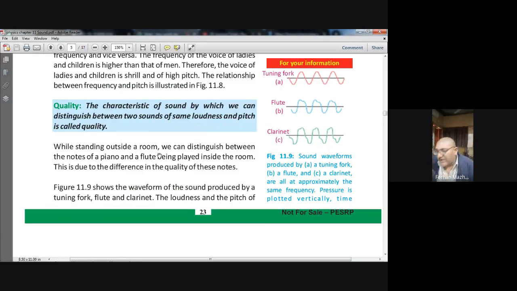Quality of the sound is that whenever a sound is produced, every complete wave of different sounds has a different shape. So every sound will have a different basic shape.